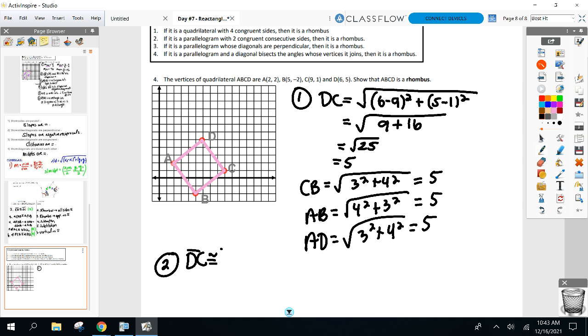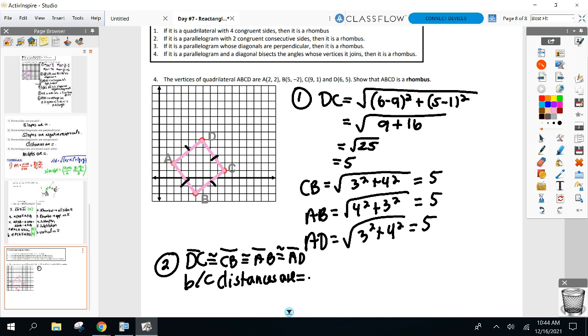DC is congruent to CB, is congruent to AB, is congruent to AD, because distances are equal. Is this a rhombus? Yep.